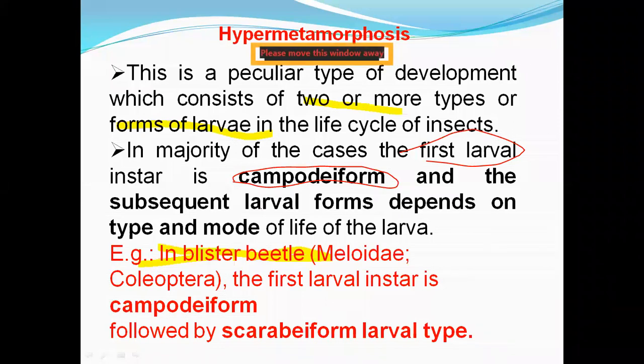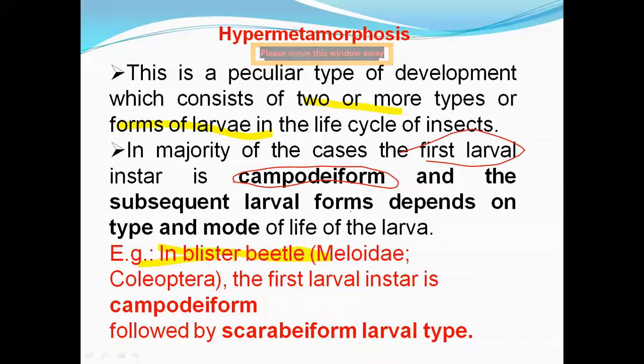What the remaining larval stages are depends on the type and mode of life of the larva. The first larval instar is campodiform.